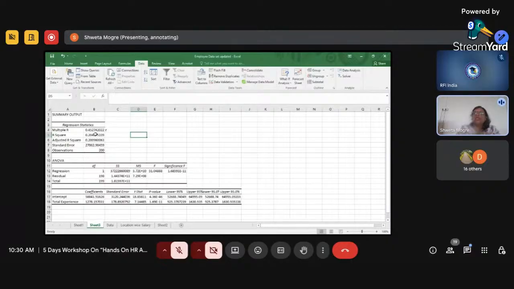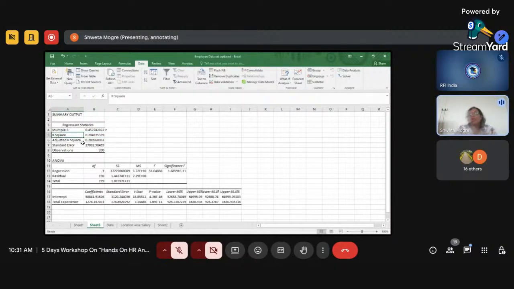So how much change we are observing in salary due to experience? 0.20 means 20%. So in our case, the change in salary is 20% due to experience. We will observe change in salary only 20% due to experience. That is the meaning of R square.